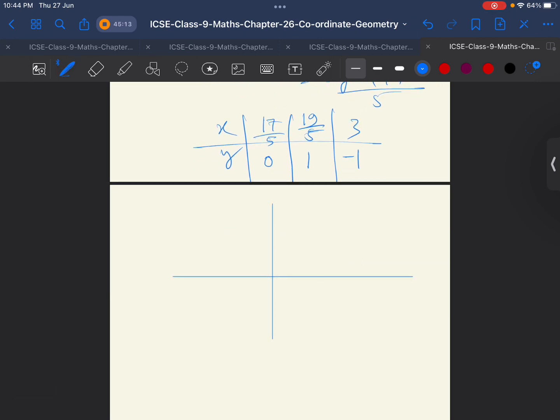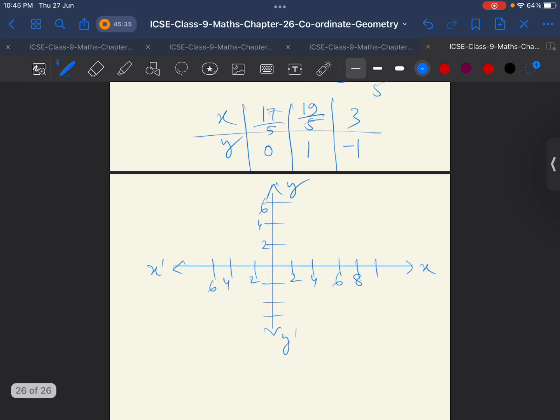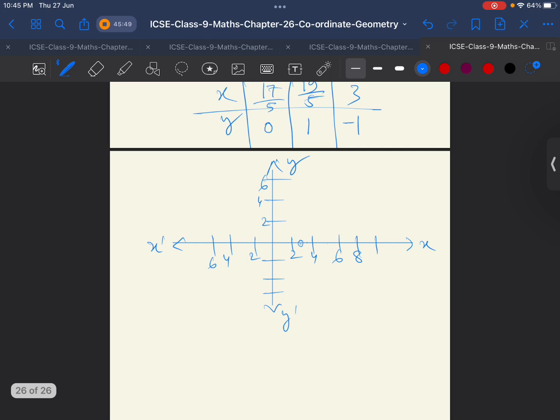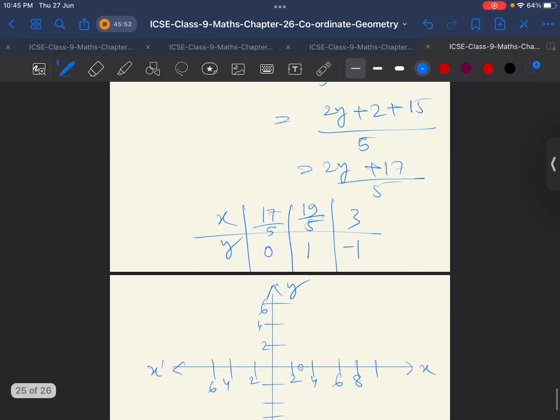So the required graph is x dash, y dash. 17/5 is 3.4 and is here. Okay, so 3.4, the 17/5, 0 point is here. 19/5 means 3.8.